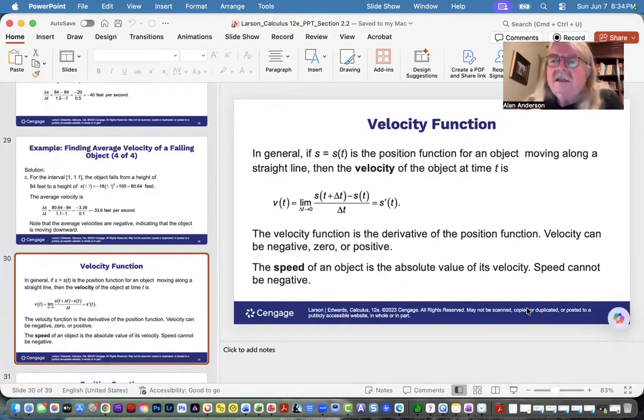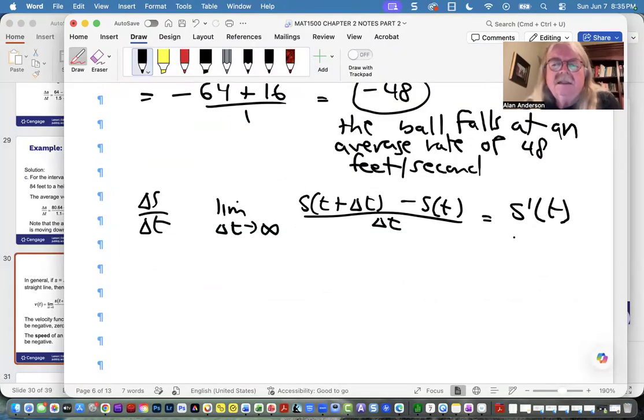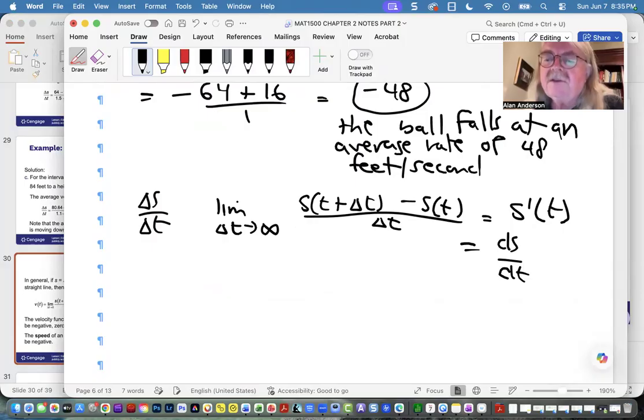Okay. You might recognize that formula. That formula is the definition we use to derive the derivative from a limit. Okay. Now, this could also be written as ds dt. As we've seen, they both mean the same thing. These are both the first derivative of s with respect to t.